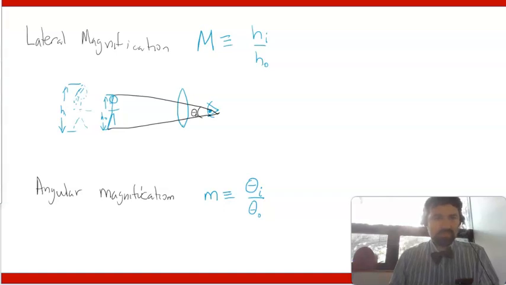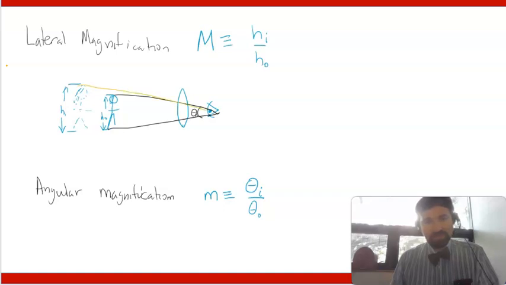But the image is going to subtend a different angle. So this angle right here being subtended by the image is not the same as the angle that was being subtended by the object. This right here is theta I. Now in this case, they're both pretty similar.